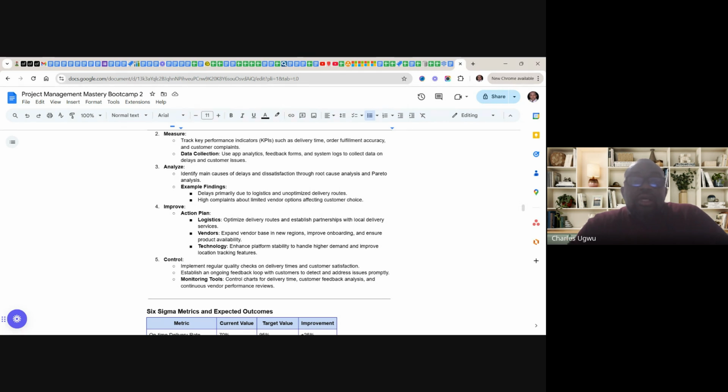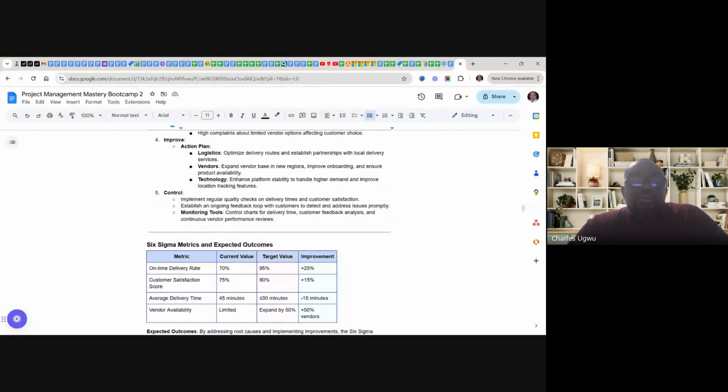And control, implement regular quality check on delivery time and customer satisfaction. Ensure an ongoing feedback loop with customers to detect and address issues promptly and monitor tools, control charts to delivery time, customer feedback analysis, and continuous vendor performance review. So that is how we are going to use Six Sigma to address this issue.